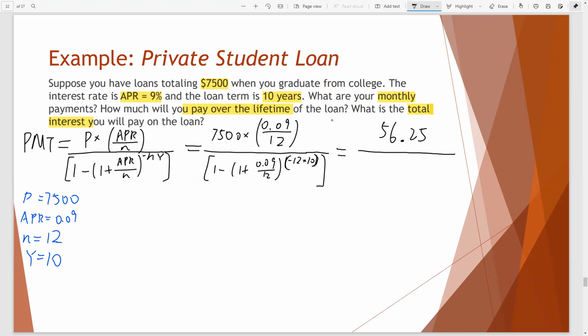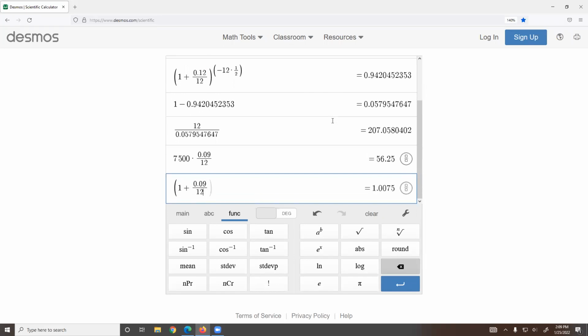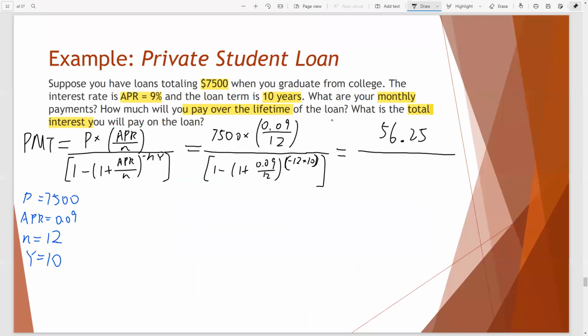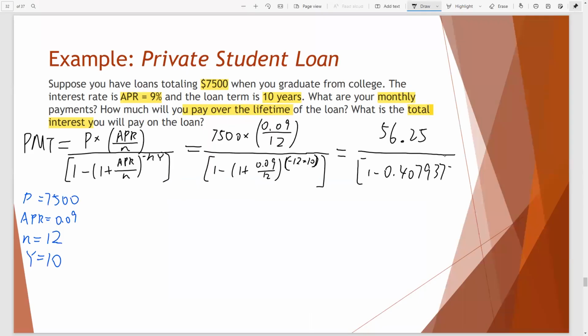The bottom: 1 plus 0.09 divided by 12, raised to the power of negative 12 times 10, for monthly payments over 10 years, gives 0.04079373.